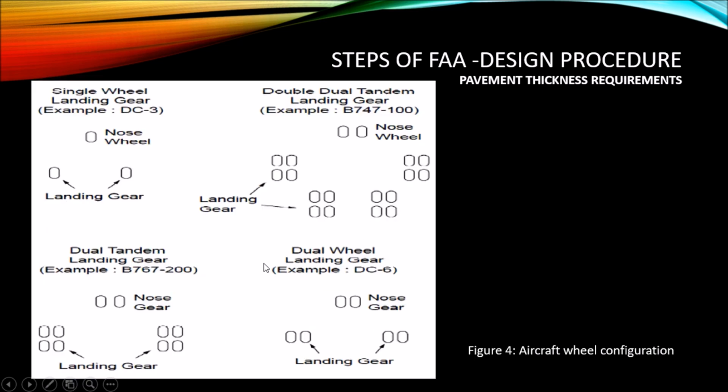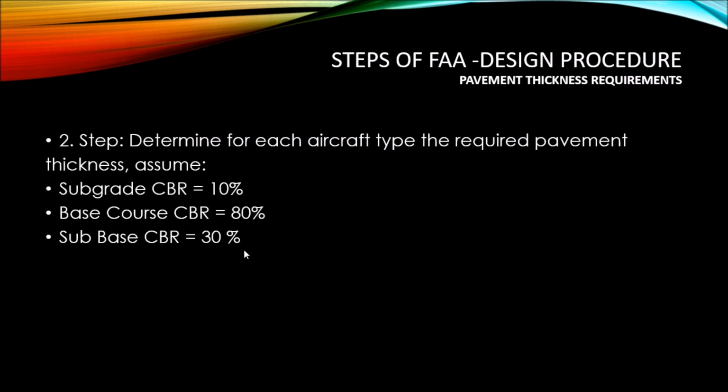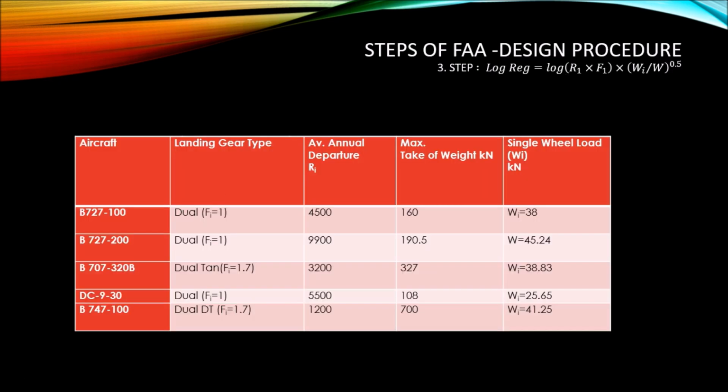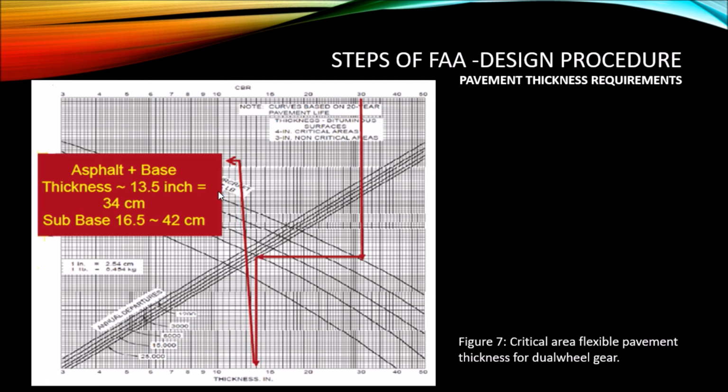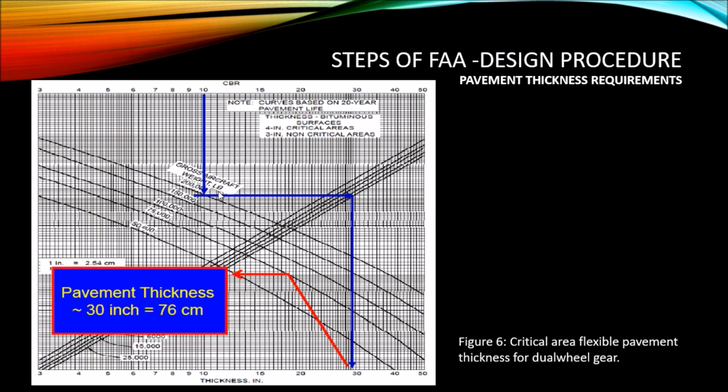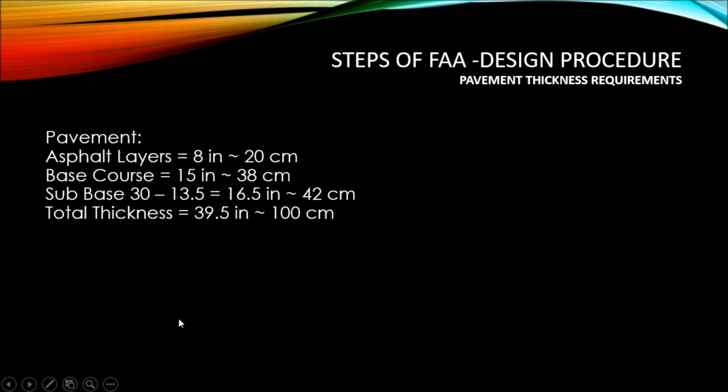You can see it here. It was given to us as 10 subgrade CBR. And the total pavement thickness we got today is, let's see what we had, 30 inches or 76 centimeter.